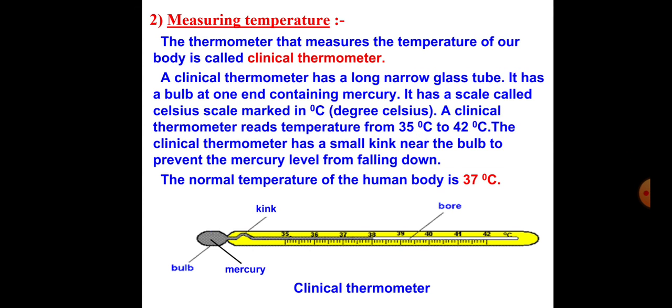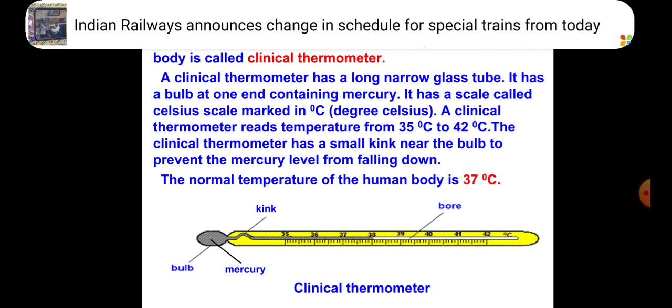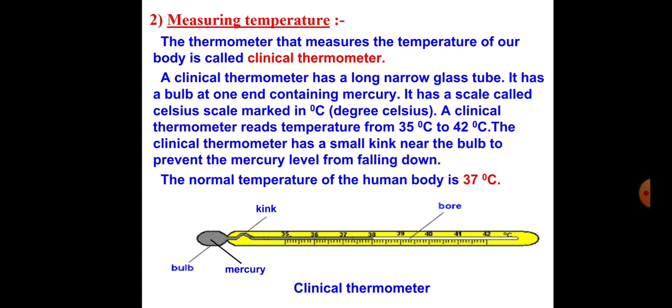The thermometer that measures the temperature of our body is called a clinical thermometer. A clinical thermometer has a long narrow glass tube, as you see below in the diagram. It has a bulb at one end containing mercury.